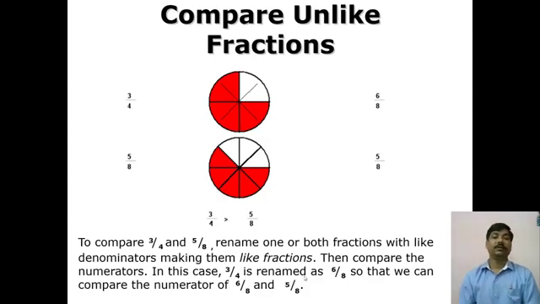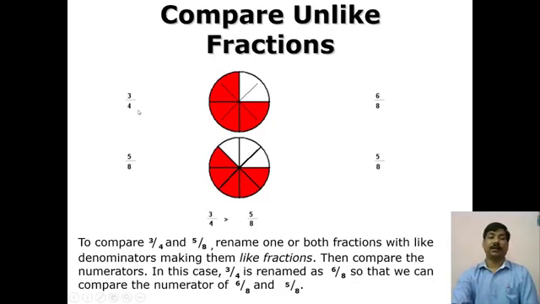How do we compare unlike fractions? To compare unlike fractions like 3 upon 4 and 5 upon 8, rename one or both fractions with like denominators.